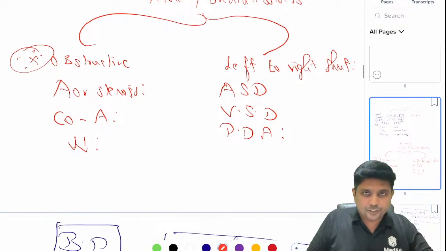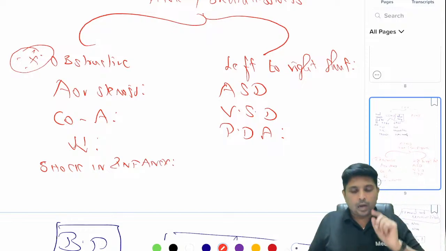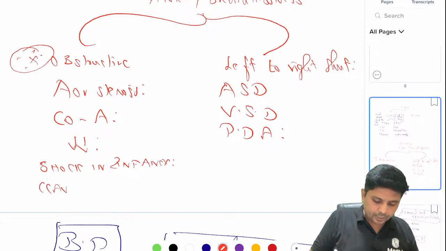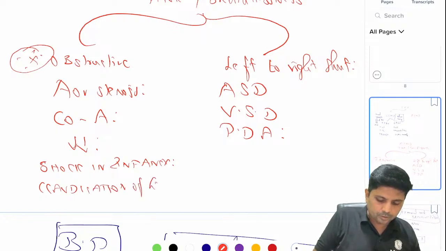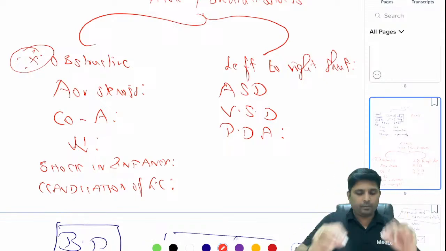So the main manifestation of obstructive lesions is either shock in infancy, or you can have claudication of lower limbs. Again, it is due to poor blood supply to the lower limbs.